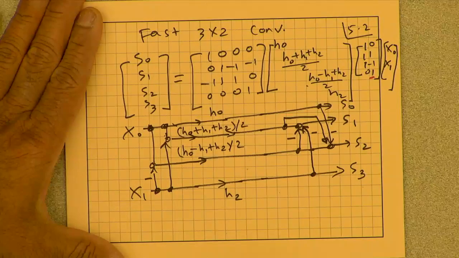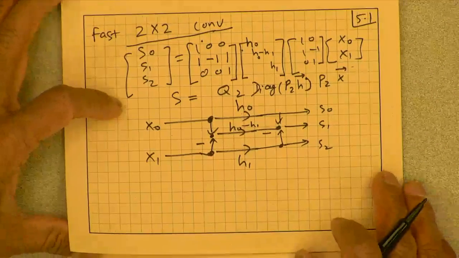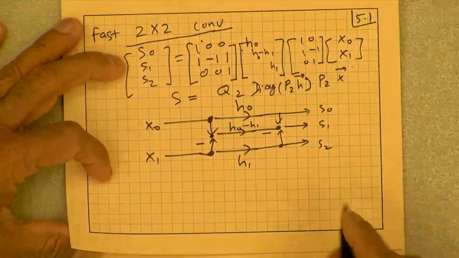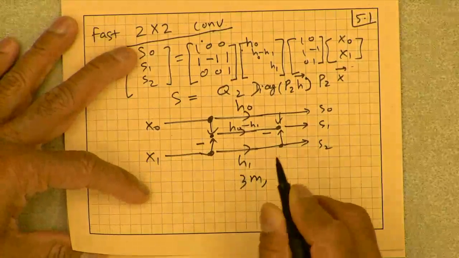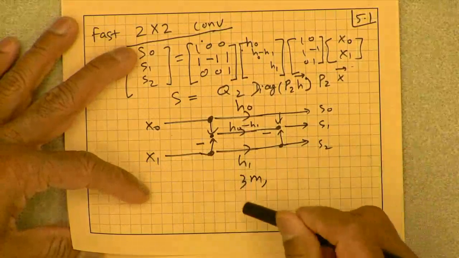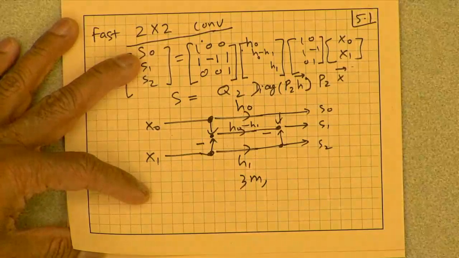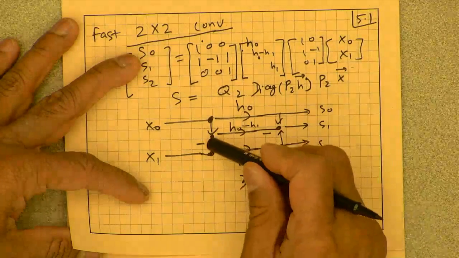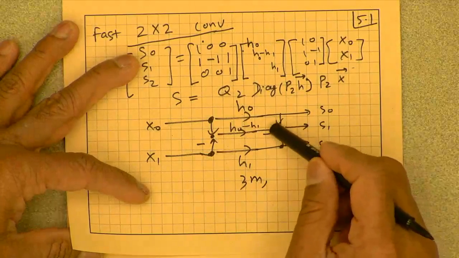If you think about each one of these, how many multiply-add operations are necessary? Definitely these are 3 multiplications. How many add operations? Any volunteers? 1, this is 2, we are adding 3 things here.